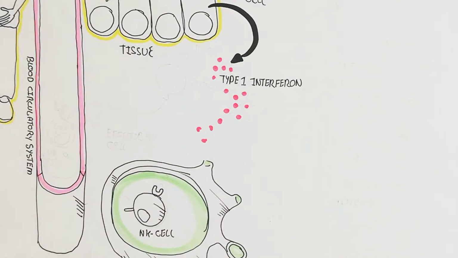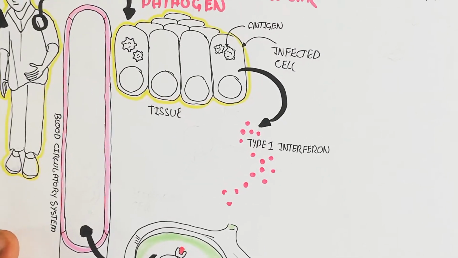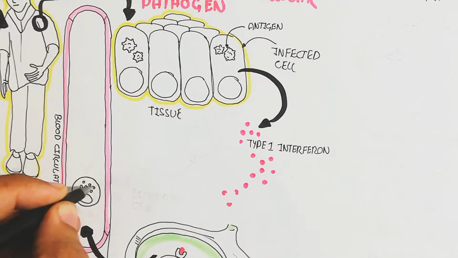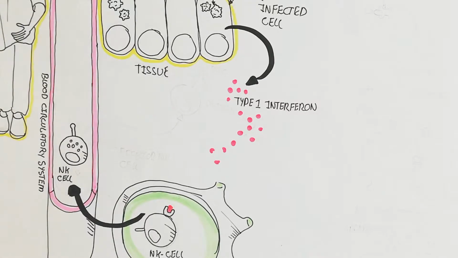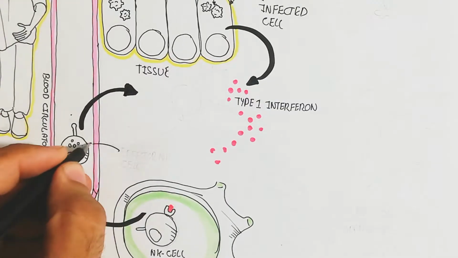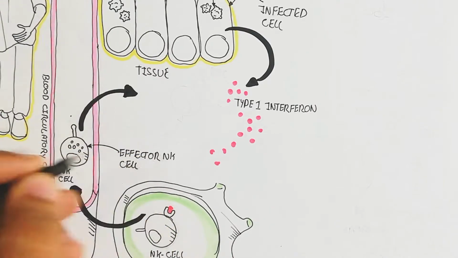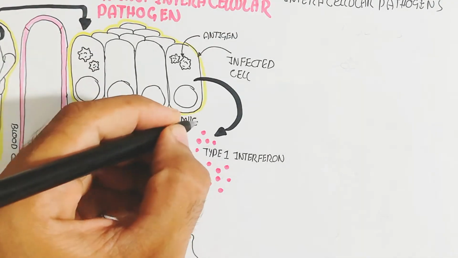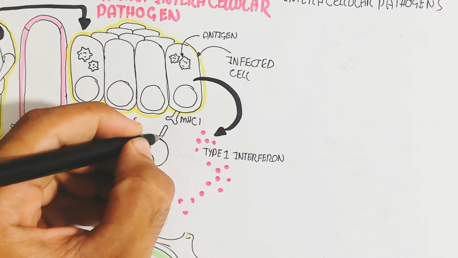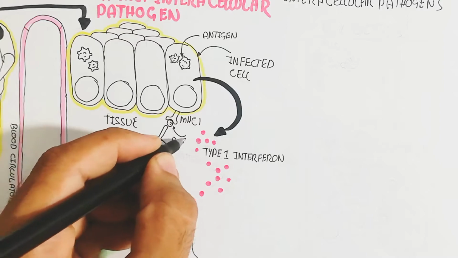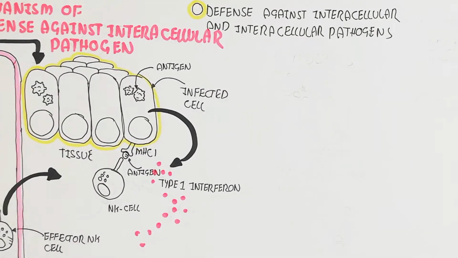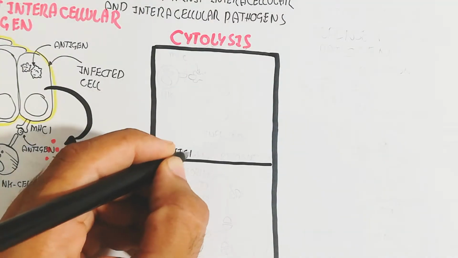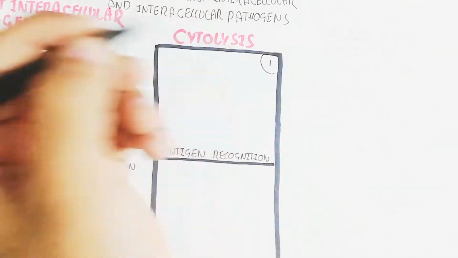Remember, after the antigen is processed into pieces and presented through MHC class 1, the natural killer cell begins to be recruited and becomes an effector natural killer cell after binding type 1 interferon released from the tissue. Then the natural killer cell recognizes the MHC class 1 molecule through its receptor on the infected cell, which acts like an antigen presenting cell.